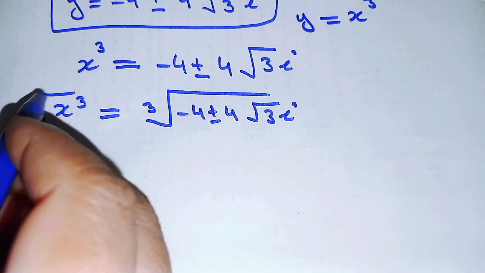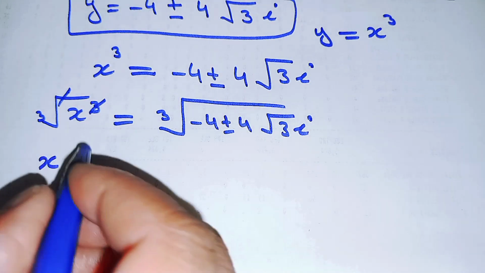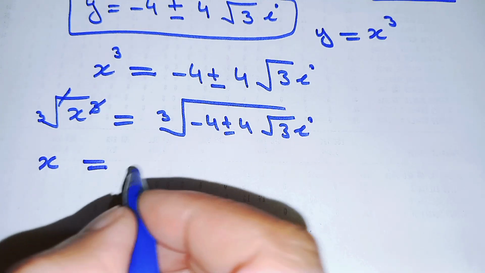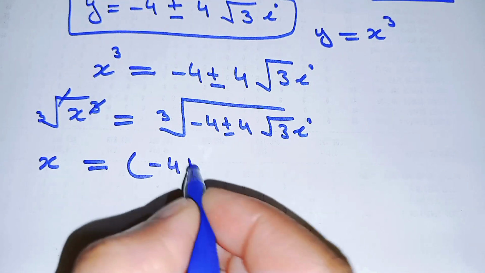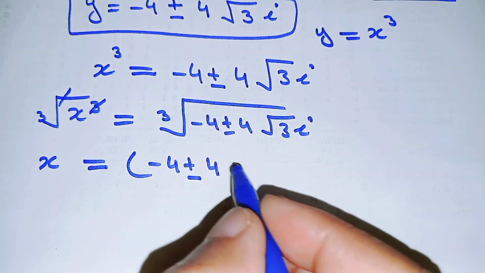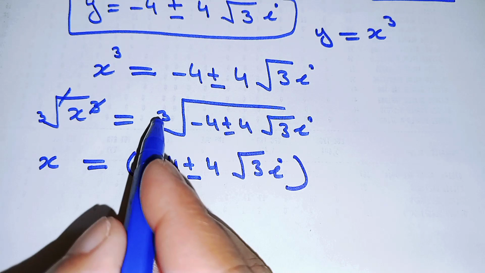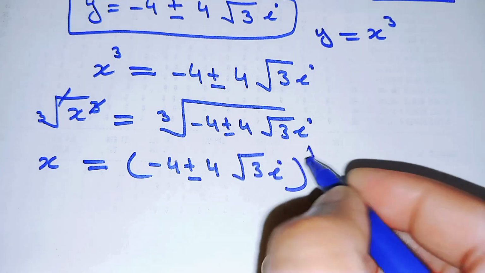And so the cube root cancels out this cube, and remaining is x is equal to minus 4 plus minus 4 square root of 3i, in brackets to the power of 1 over 3.